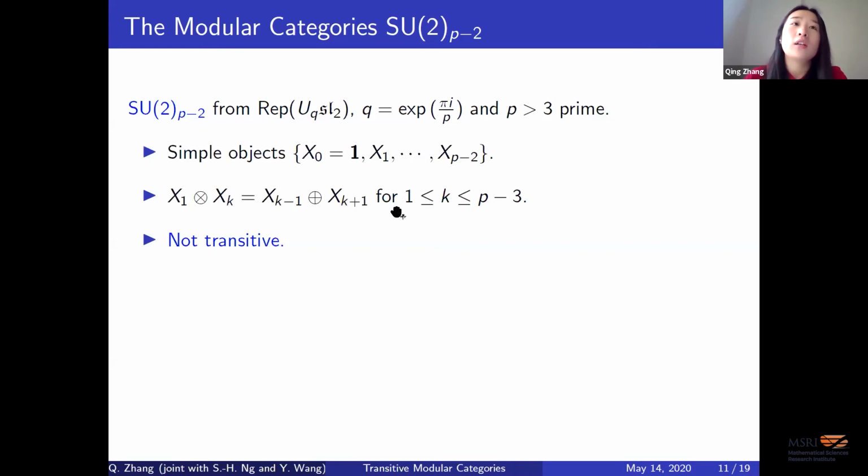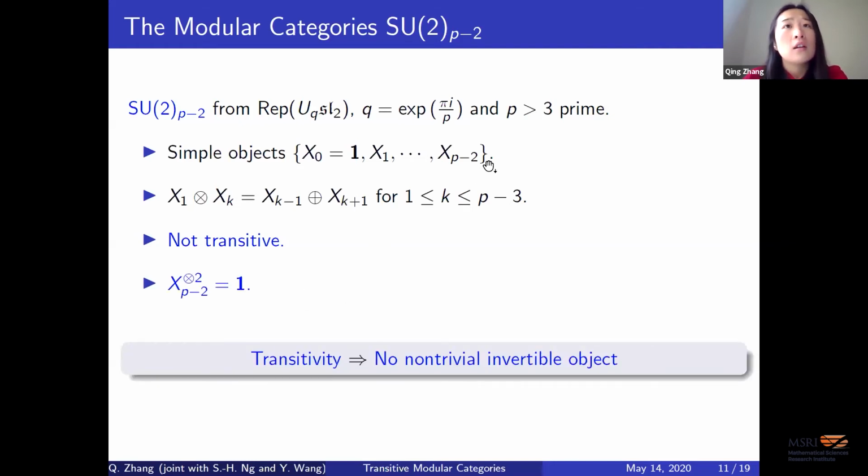However, this category is not transitive. To say why it is not transitive, we note here that the last simple object tensored with itself is the unit object. And we proved that transitivity implies that there's no non-trivial invertible object in the modular tensor category.